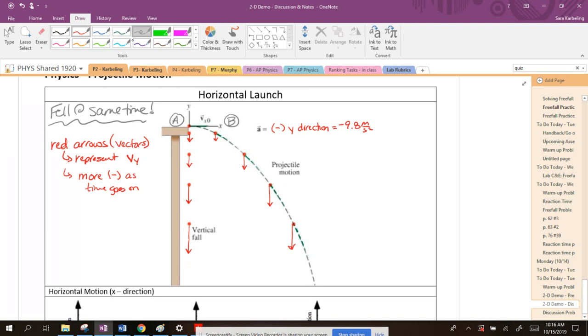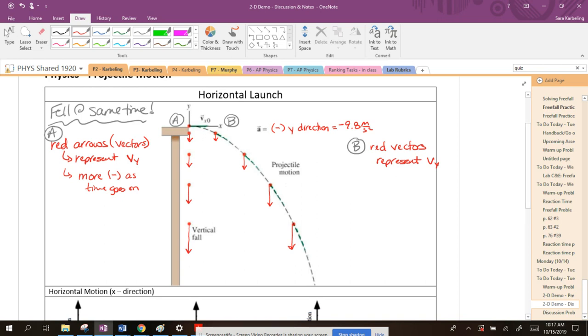In the case for B, this is for A, for B, we can say that the red arrows, or the red vectors, represent the velocity in the y direction. They still just represent the velocity in the y direction.